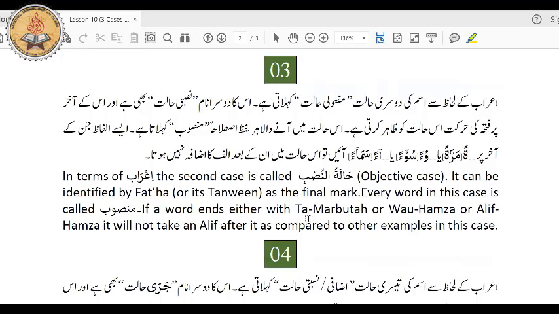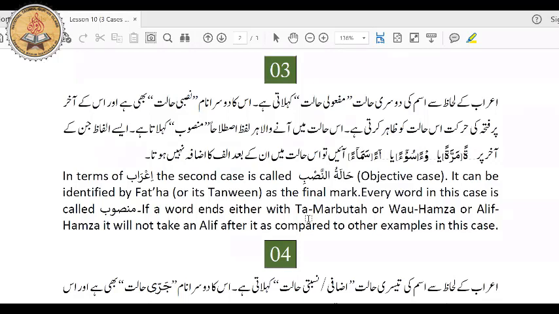So number three is that in terms of i'rab, the second case is called halatul nasb, and this is the objective case. Whether we say nominative or objective case, it is understandable in English grammar. We know that the objective case is that on which the work has been done. Halatul nasb can be identified by fatha or its tanween as the final mark. Every word in this case is called mansub.